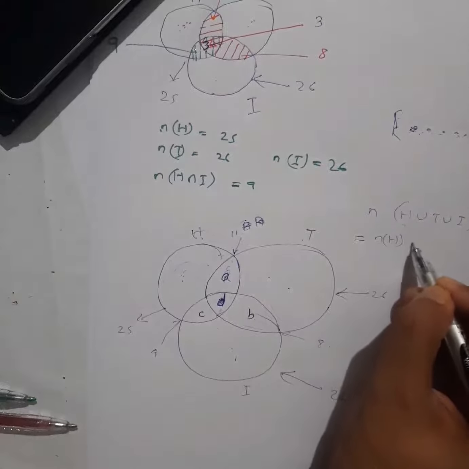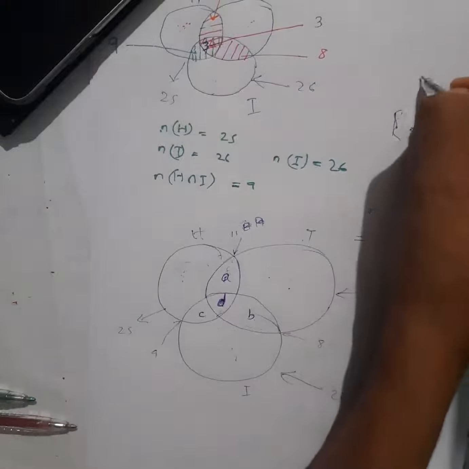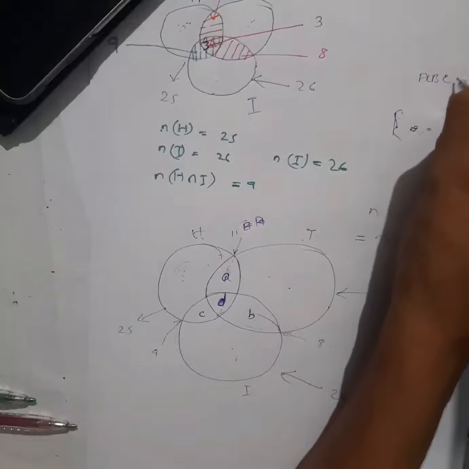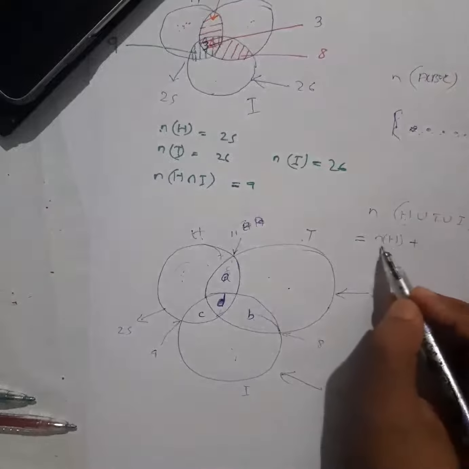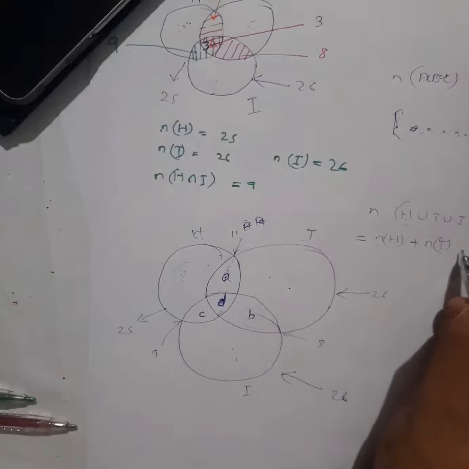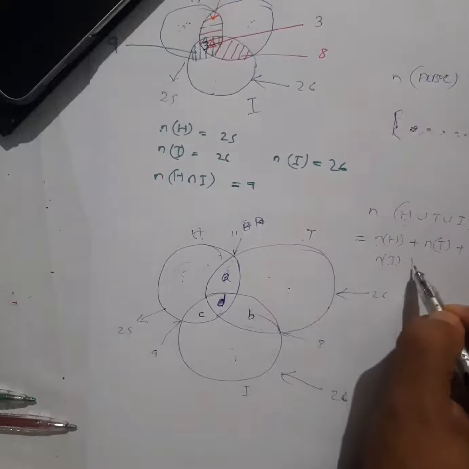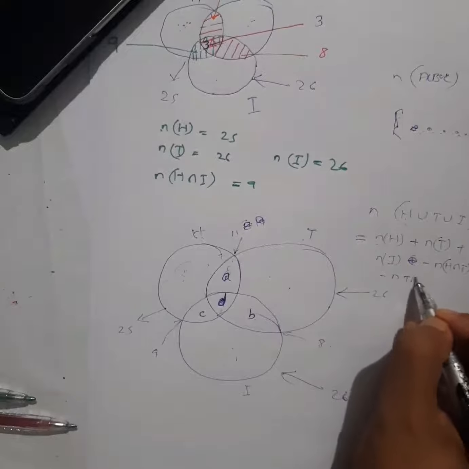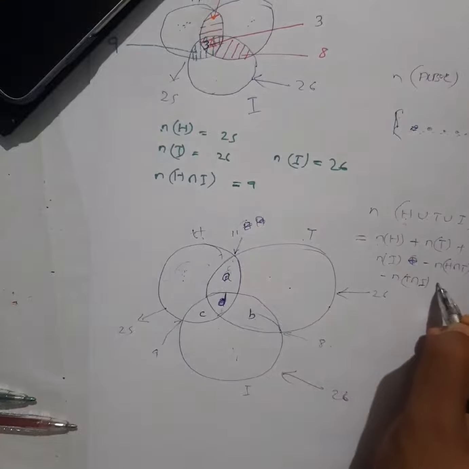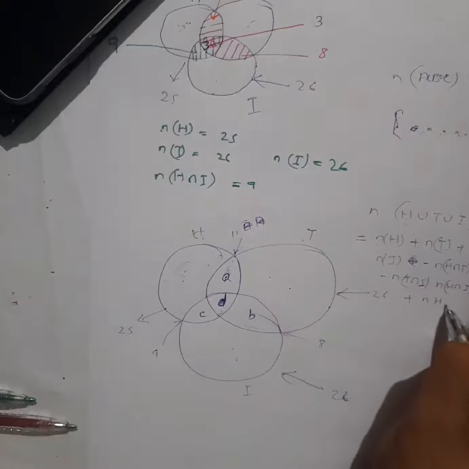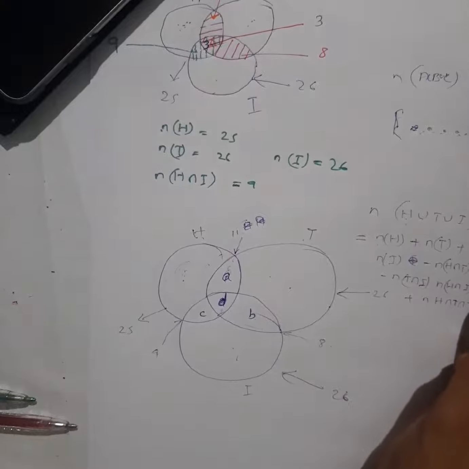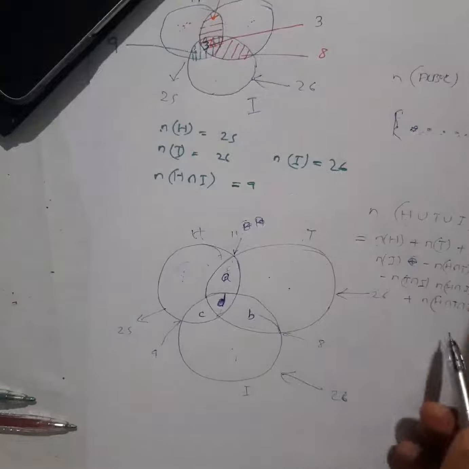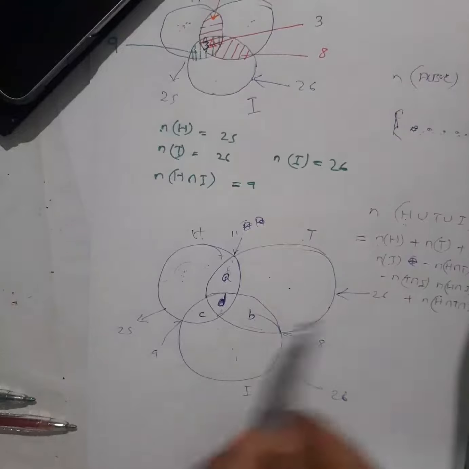Number of students who read H, plus number of students who read T, plus number of students who read I, minus H intersection T, minus T intersection I, minus H intersection I, plus number of students who read all. This was the formula, right? Using this formula also you can easily find this, okay? You don't have to use this concept.